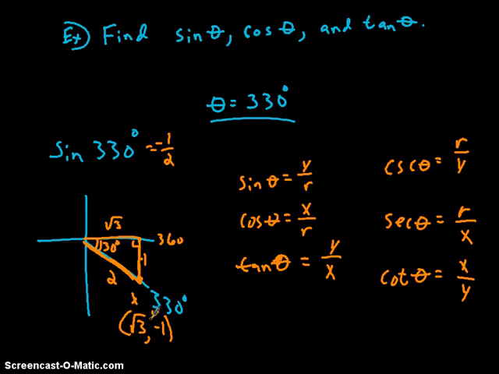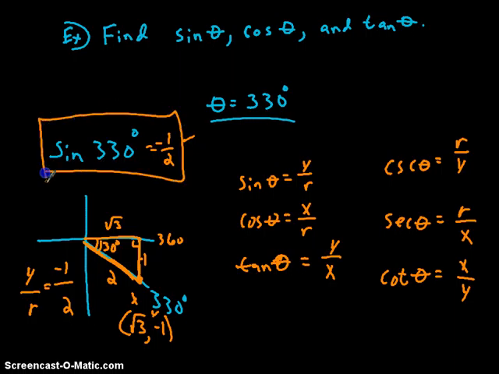So it's obviously going to be y over r for sine. So it'd be -1 over 2. So if you use a picture, you can find it. If you use these identities that we know about sine, cosine, tangent, secant, cosecant, and cotangent, you can use those as well. So anyway, we just found sine of 330.